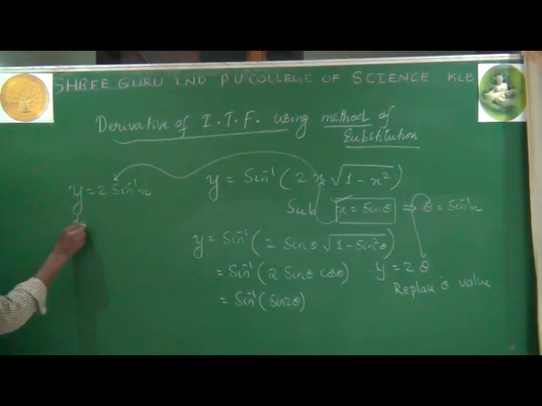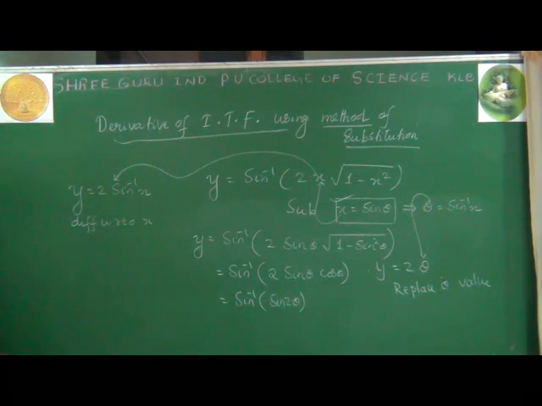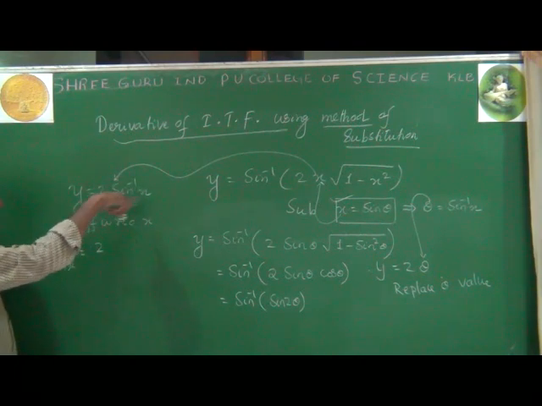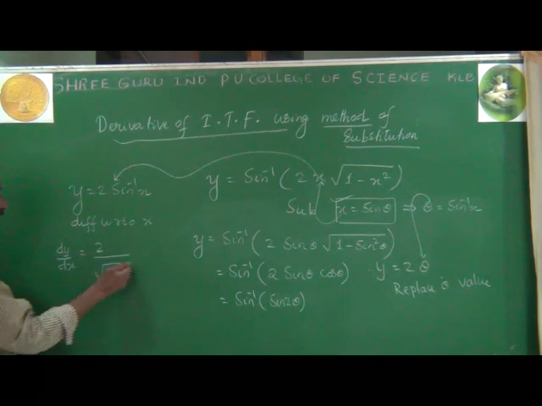Now we shall differentiate with respect to x. On differentiating, left side dy by dx, right side 2 is a multiplying constant outside, into the differentiation of sine inverse x, whose formula is 1 by square root of 1 minus x square. Total is 2 divided by square root of 1 minus x square.